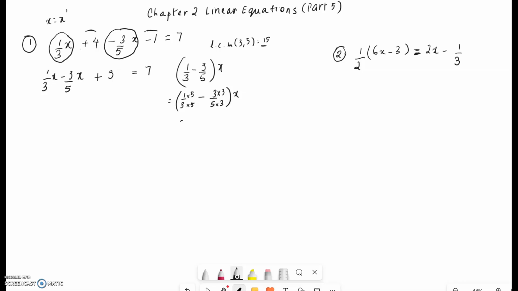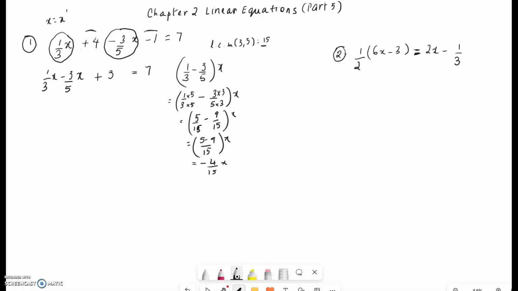We simplify this, so we get 5/15 minus 9/15 x. So that is 5 minus 9/15 x, that is negative 4/15 x.